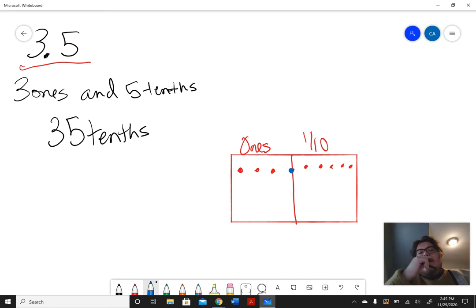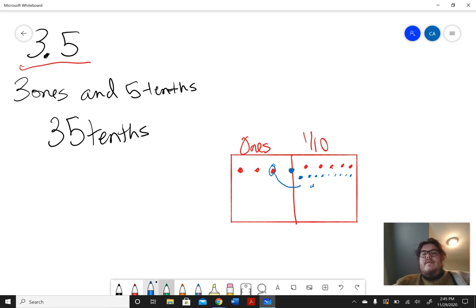Where I'm going with this is these 3 ones, it took 10/10 to make one of these ones, right? So one of these ones is the same thing as 10/10. So if we moved it over, we'd have 10 of these. 4, 5, 6, 7, 8, 9, 10.